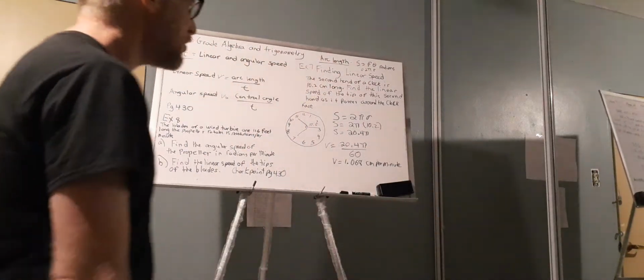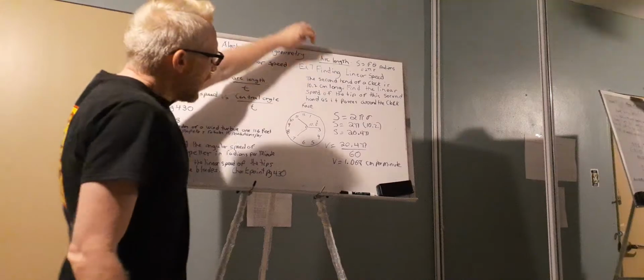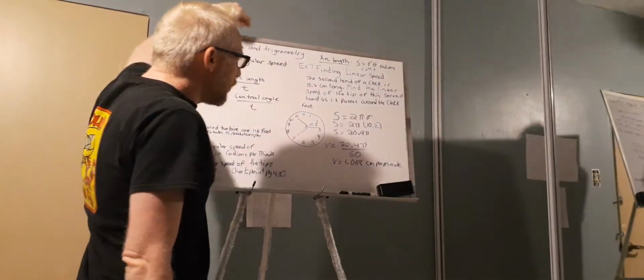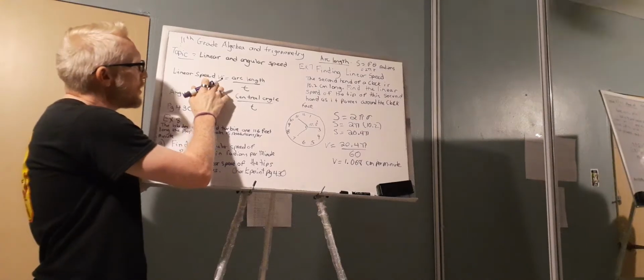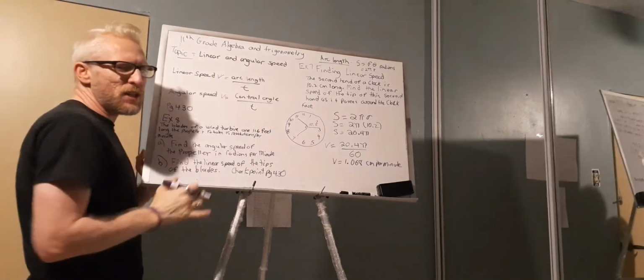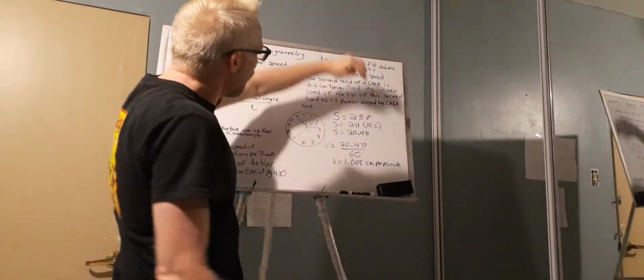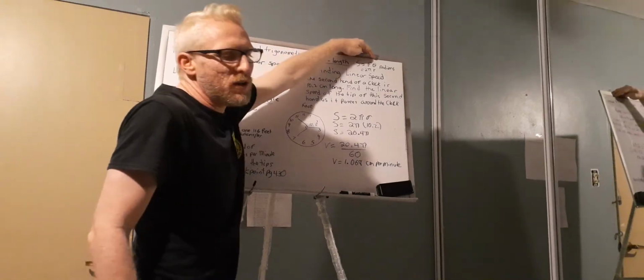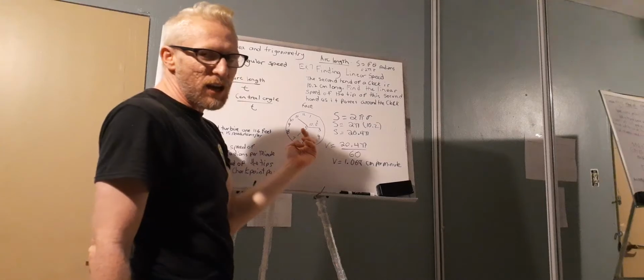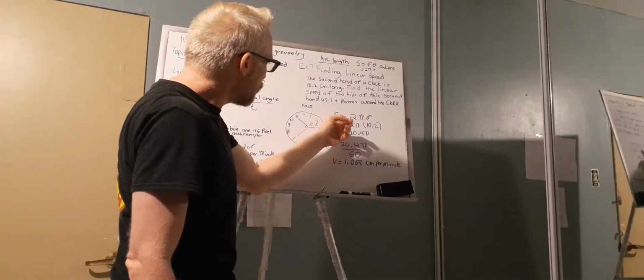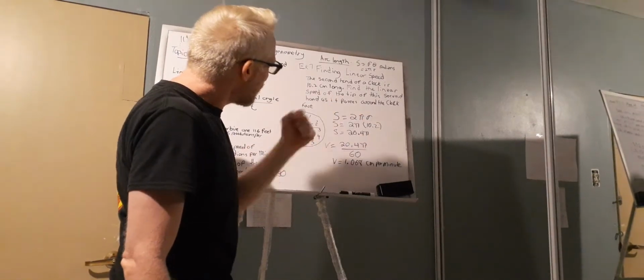Okay, so once again, this is what I did. I'm looking for the linear speed, and the linear speed is given by the formula V equals arc length over t. Now the arc length, I can't use the r times theta formula because in the exercise I don't have an angle. So I multiply 2 pi times r.